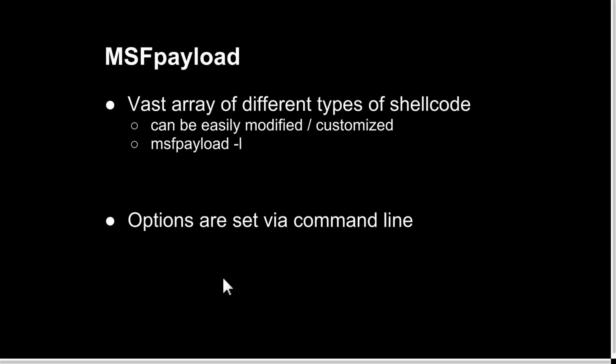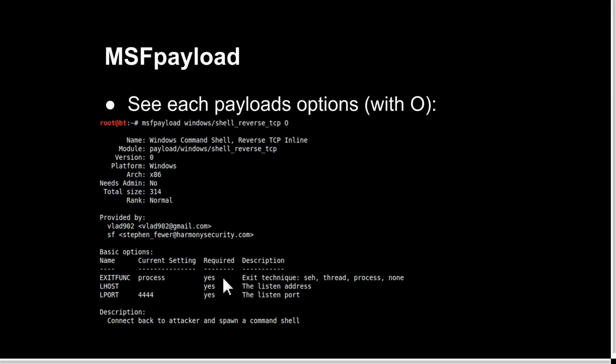And so when setting things up in MSFpayload, the options for the payloads are set by command line. So to see the options for perhaps the payload for spawning a reverse TCP shell on Windows 32-bit, you would type that and a capital O at the end.